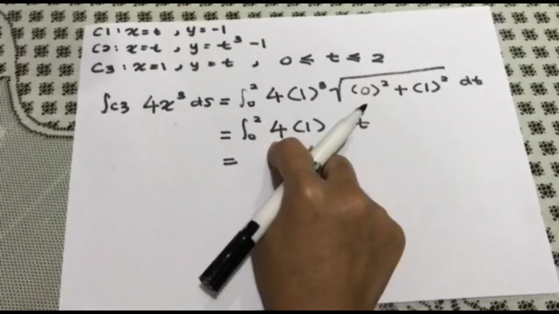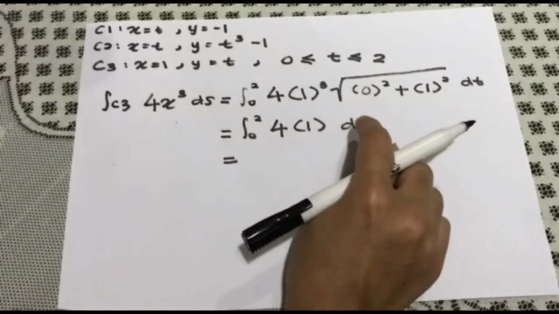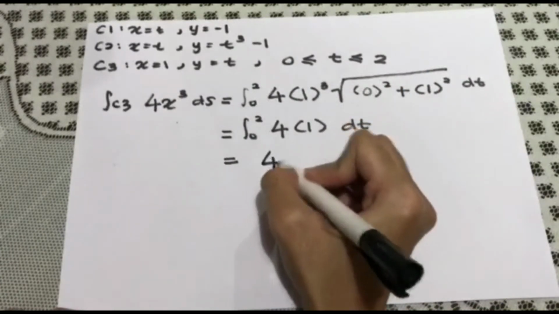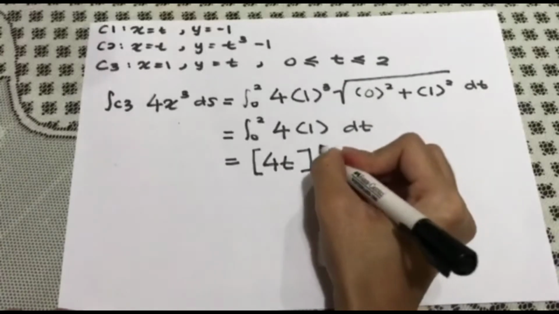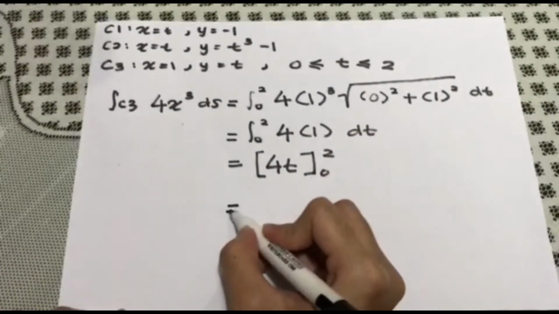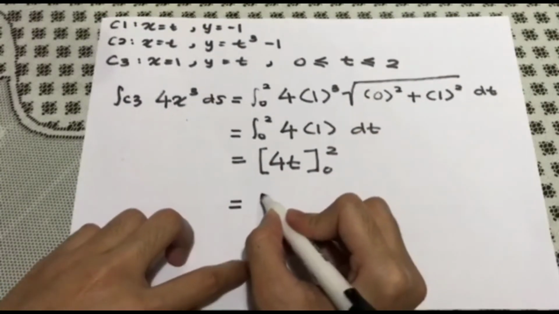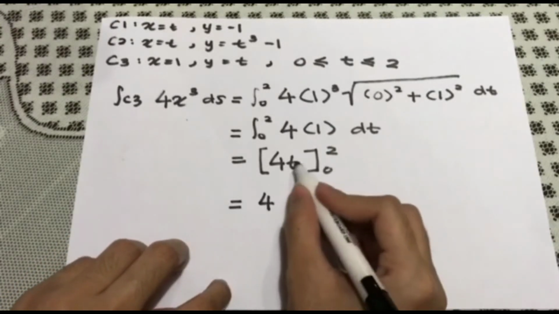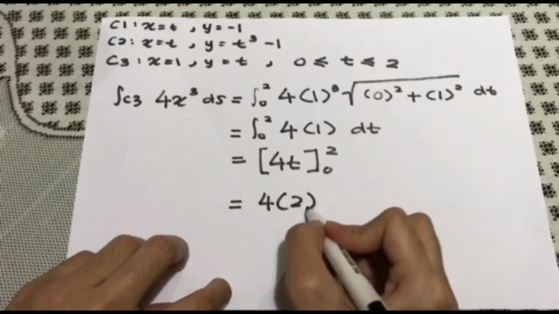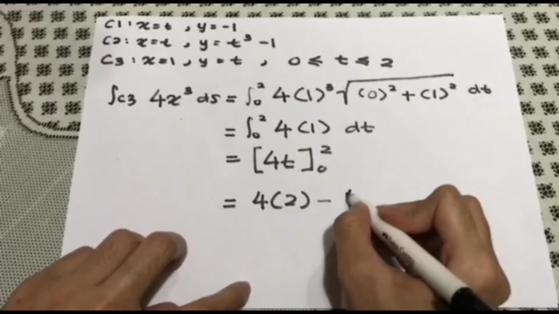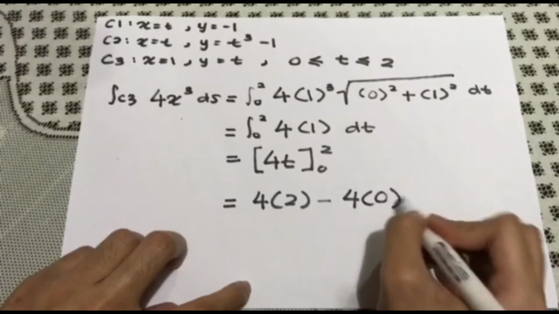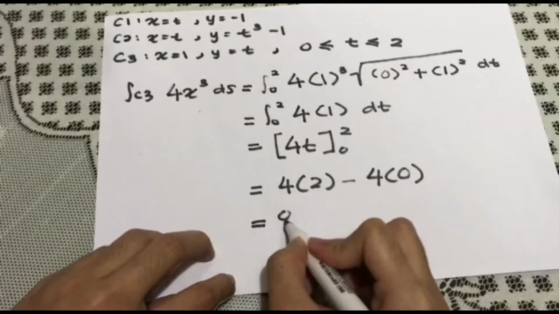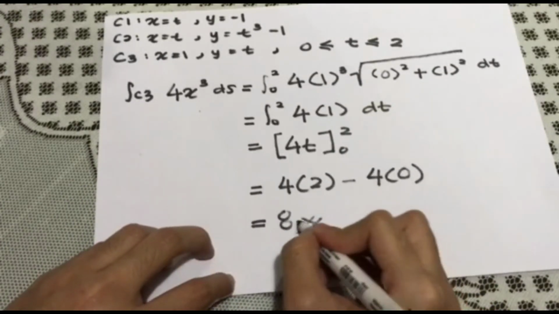The integral of 4 with respect to t is 4t, with the limit from 0 to 2. And then we substitute the value of t with 2, minus 4 times the value of t equal to 0. And then we get the answer for it is 8.